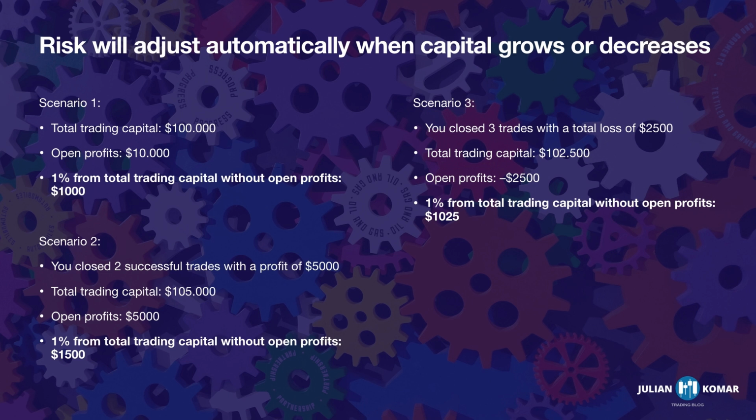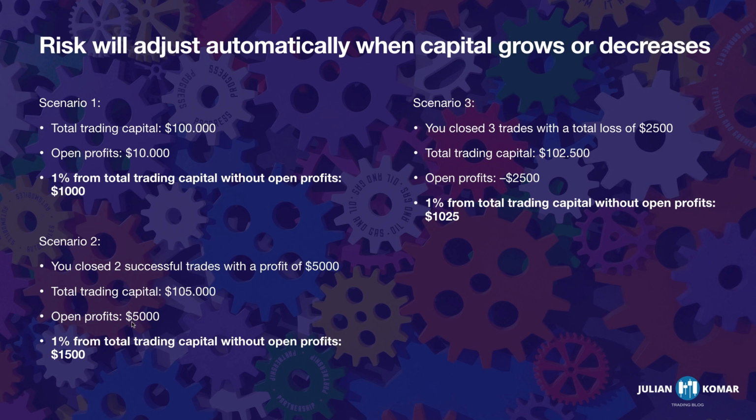And then in scenario 2, you now closed 2 successful trades. And now you add the 5,000 profits from those 2 successful trades to your total trading capital. Your trading capital grows now to 105,000. You still have 5,000 open profits here, but you ignore them for the position size calculation.